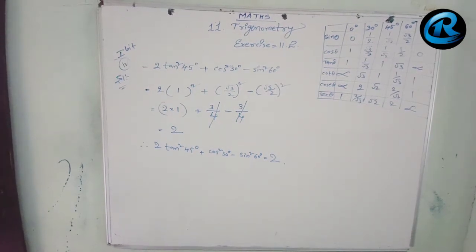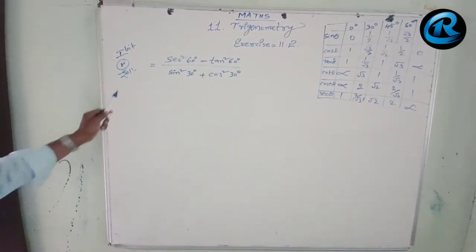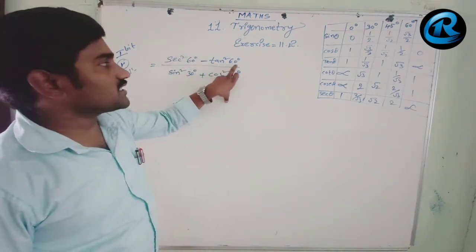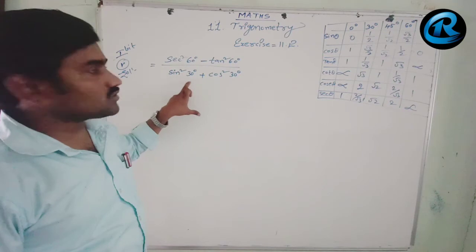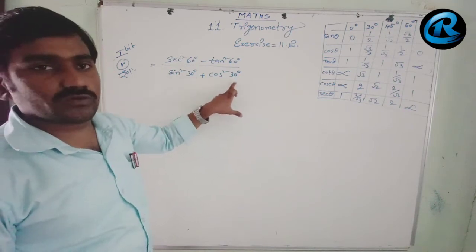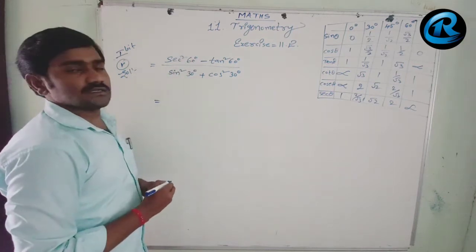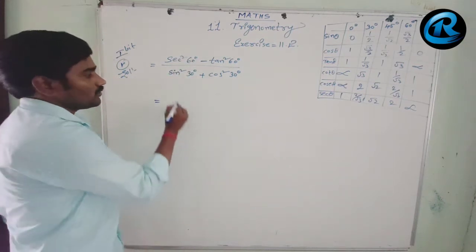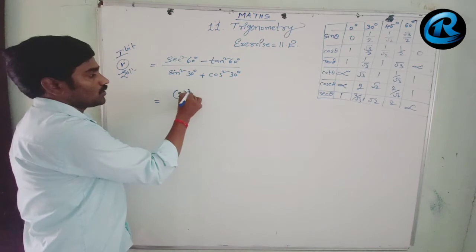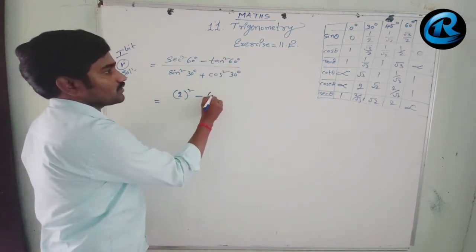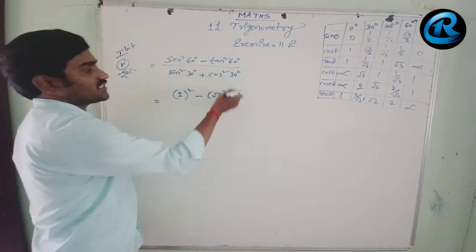Yes, we go for the next one now. Here the fifth question solution, that is sec square 60 degrees minus tan square 60 degrees whole by sin square 30 degrees plus cos square 30 degrees. So let us substitute here: sec 60 equals 2, that means 2 whole square, minus tan square 60 degrees, that is root 3 whole square, since tan 60 is root 3.